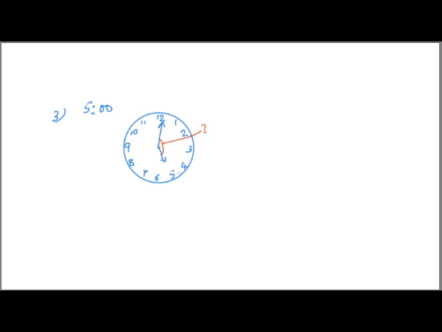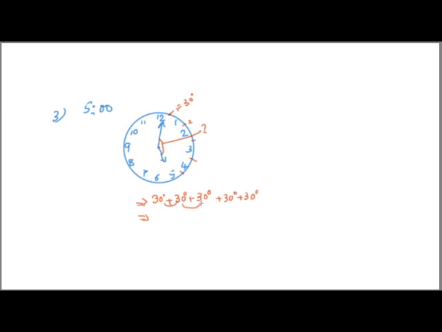Again same procedure. Divide this into 12 and write down how many parts there are. How many parts are there? 1, 2, 3, 4, 5. Correct? One part is equal to 30 degrees. So write down 30 degrees plus 30 degrees plus 30 degrees, again 30 plus 30.